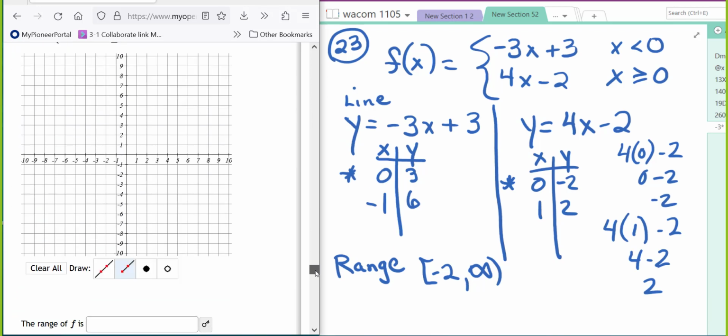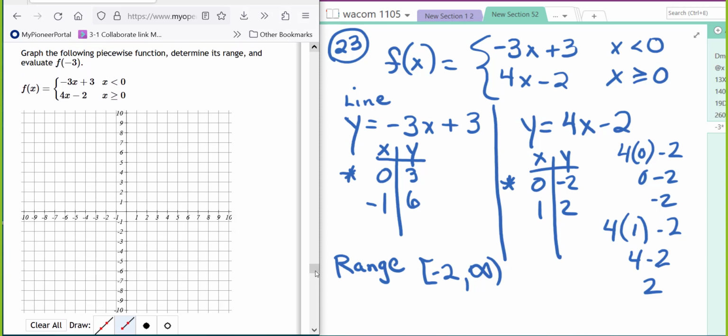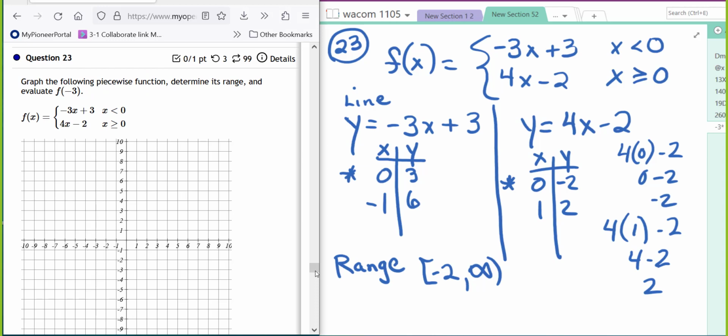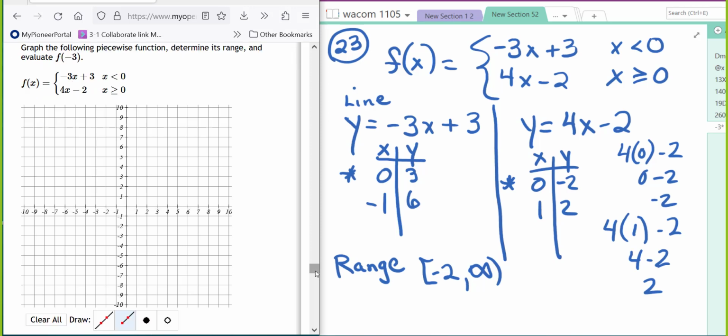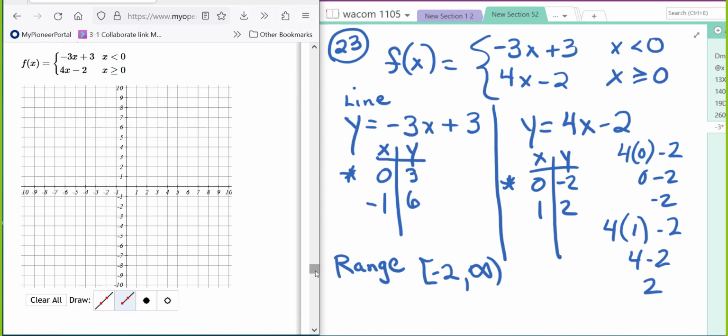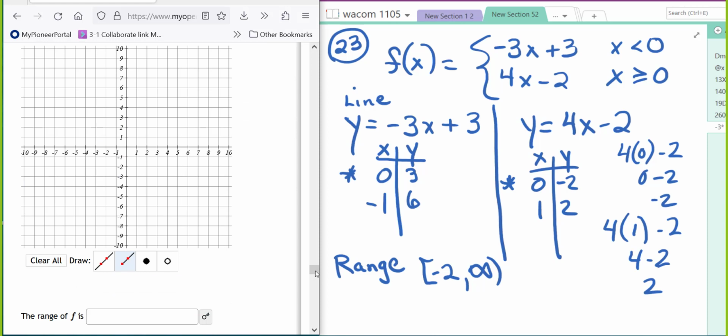So let's see if Mrs. H can enter it on the right grid. This one is 23. Okay, and so we have the right information. We just put it in the wrong grid. Did you guys know I was doing that? All right. And it's hard to see where we are. All right. So it'll be good practice with the right tools.